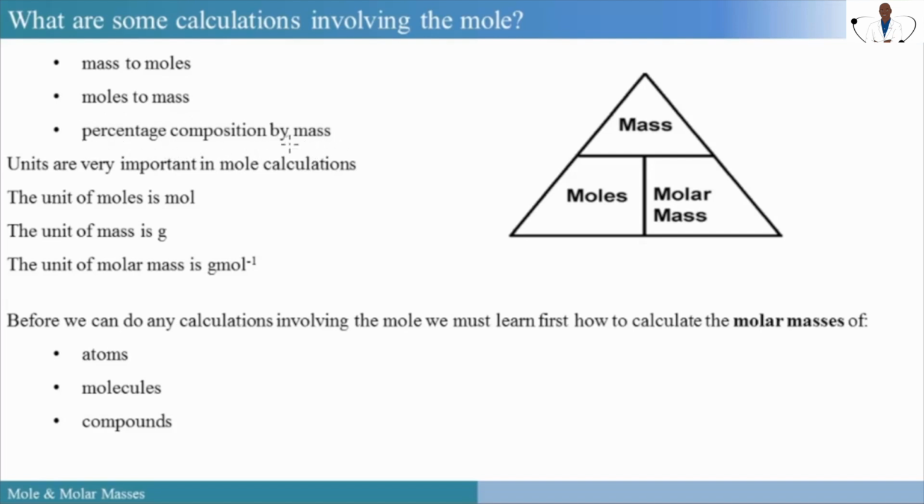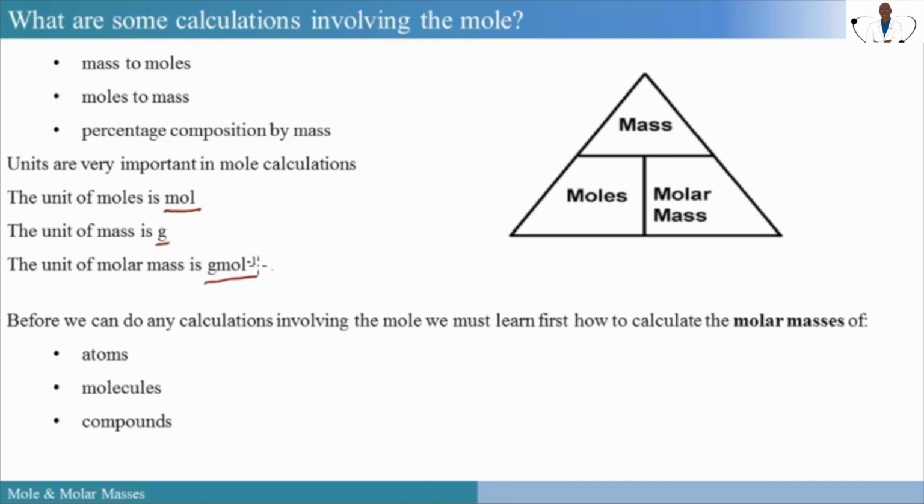Now, in doing our calculation, our units are going to be very important. So let's understand what are some of the units. The unit of the moles is mole, M-O-L. The unit of mass is grams. And the unit of molar mass is grams per mole.